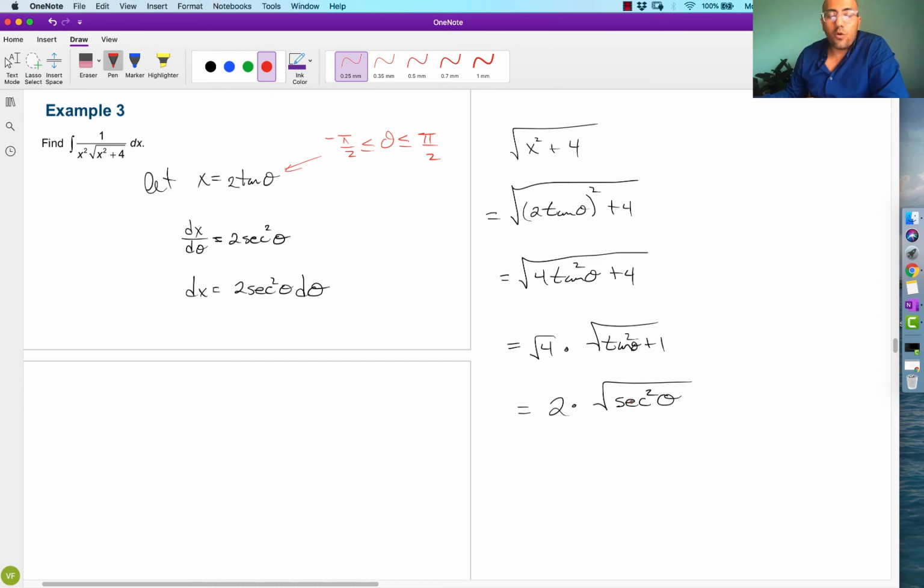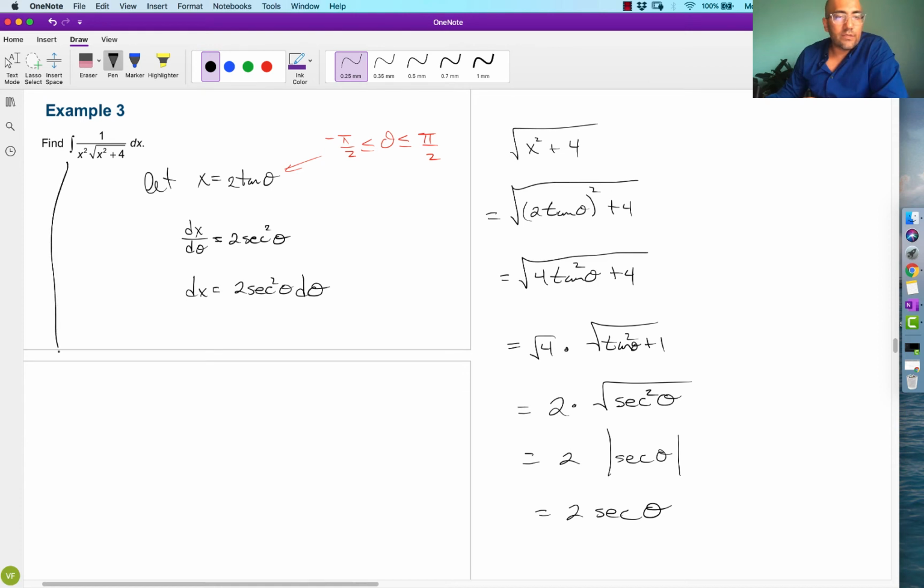And if we're only letting theta be between negative pi over 2 and positive pi over 2, cosine is positive, so 1 over cosine is always going to be a positive answer as well. So we can just say that this is the same thing as 2 absolute value of secant theta, which then just gives you 2 secant theta. Okay, so we have everything we need to do a substitution here.